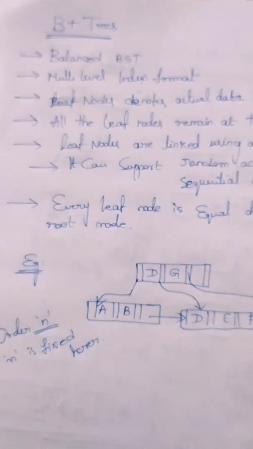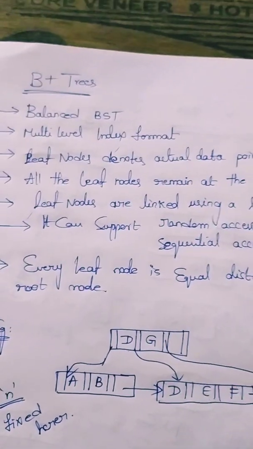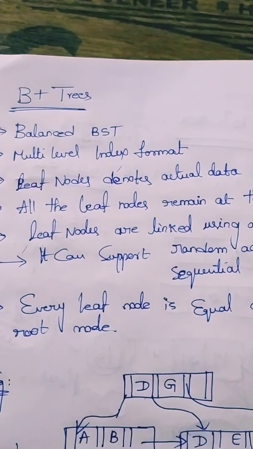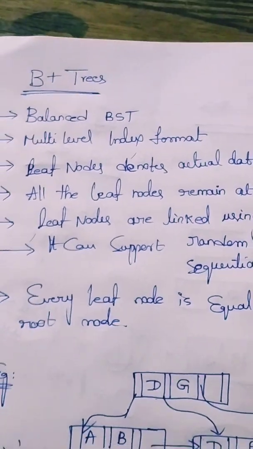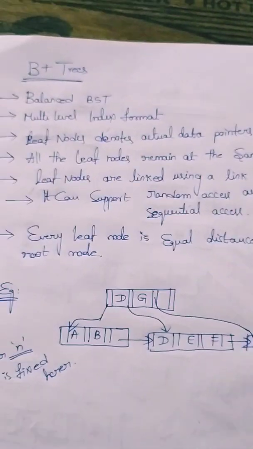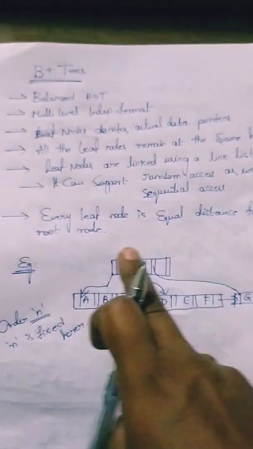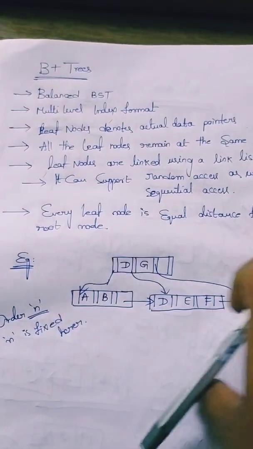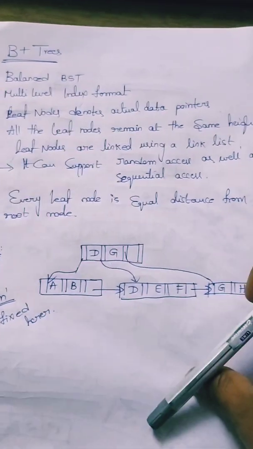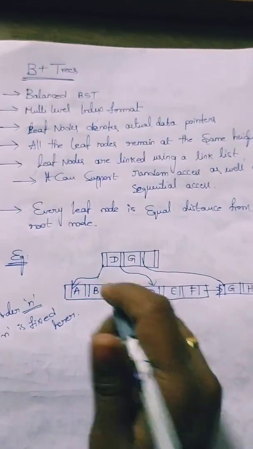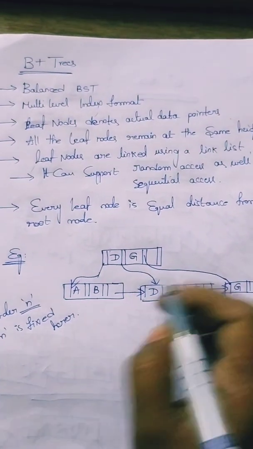Since leaf nodes are linked using the linked list, it can support random access as well as sequential access. Every leaf node is equal distance from the root node, like this.